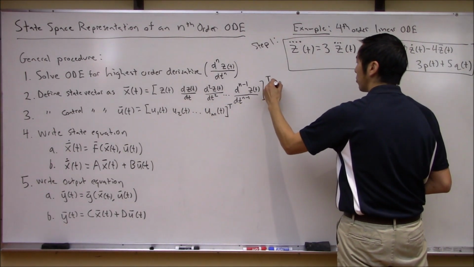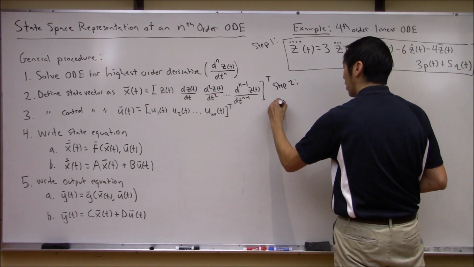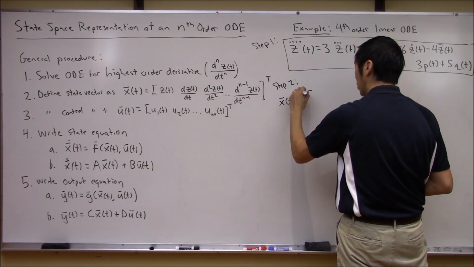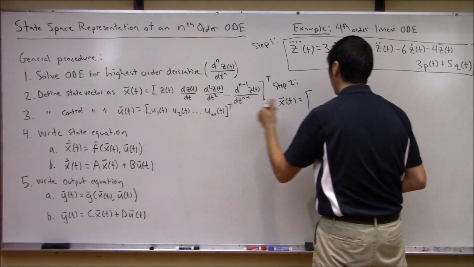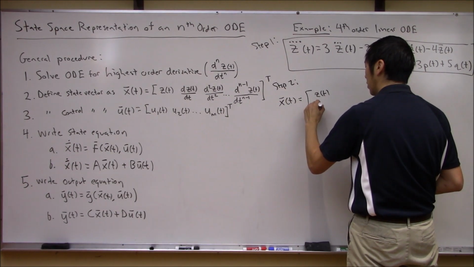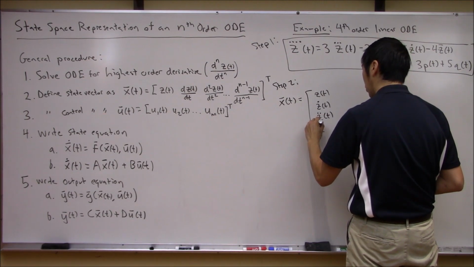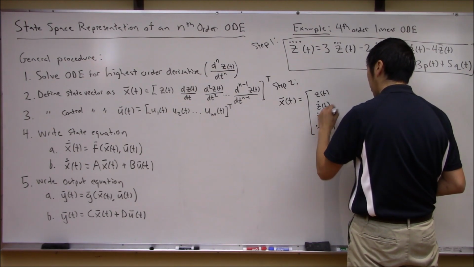So now, step 2. Step 2 is define the state vector. So in this case, x of t, we're going to stack all these up. I'm going to take the first, the signal itself, then z dot, then z double dot, and then finally z triple dot, right? So I stop at n minus 1.